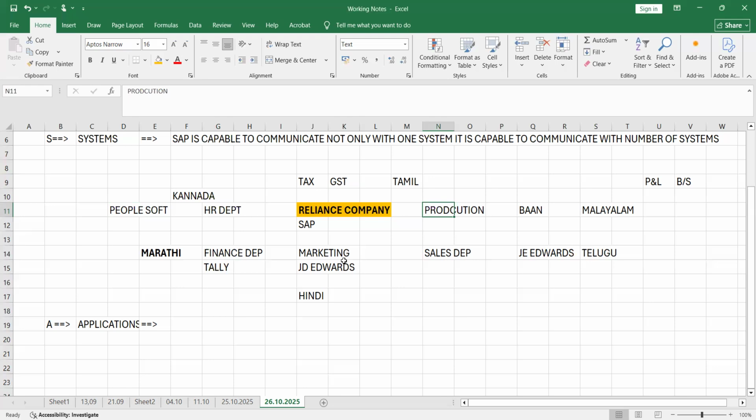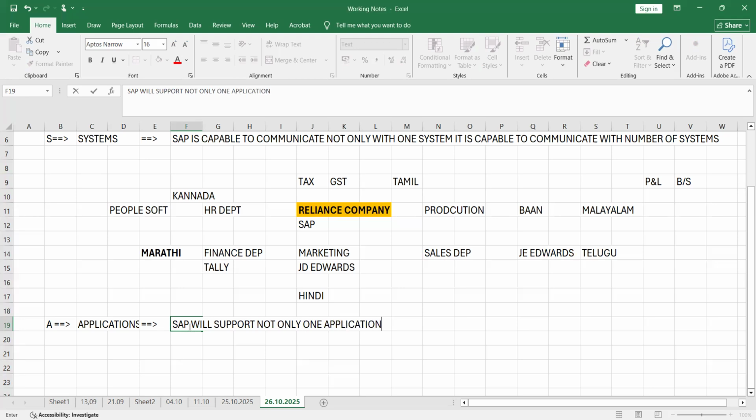Clear? But SAP supports not only one department. Applications are nothing but departments. SAP will support not only one department or one application; it supports all the applications involved in any organization.